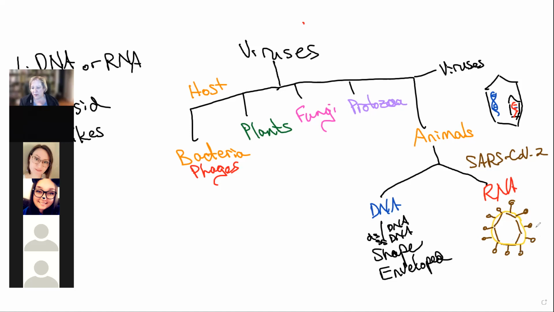The crown is the spike. And then we have an RNA genome inside. So SARS-CoV-2 is an animal virus because it infects humans, and it's an RNA enveloped virus.